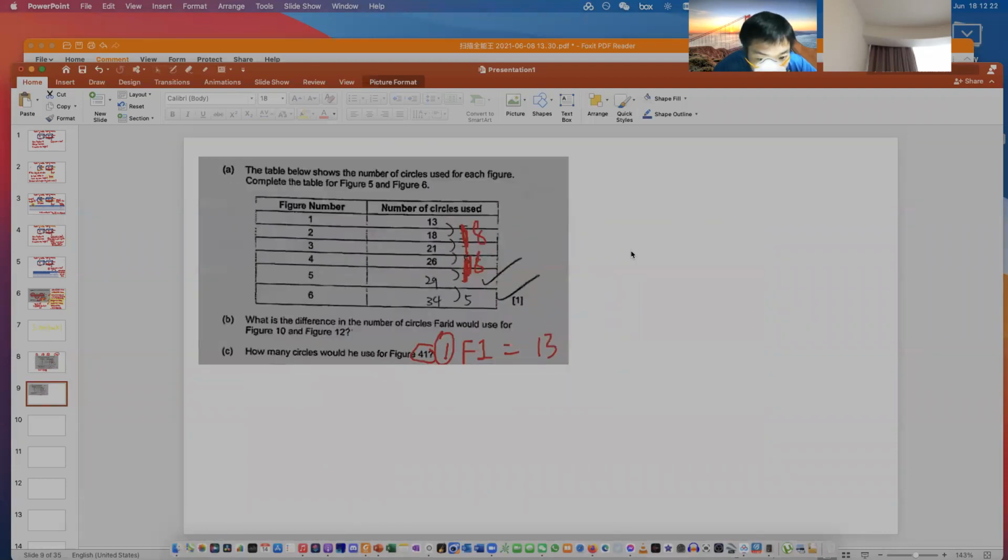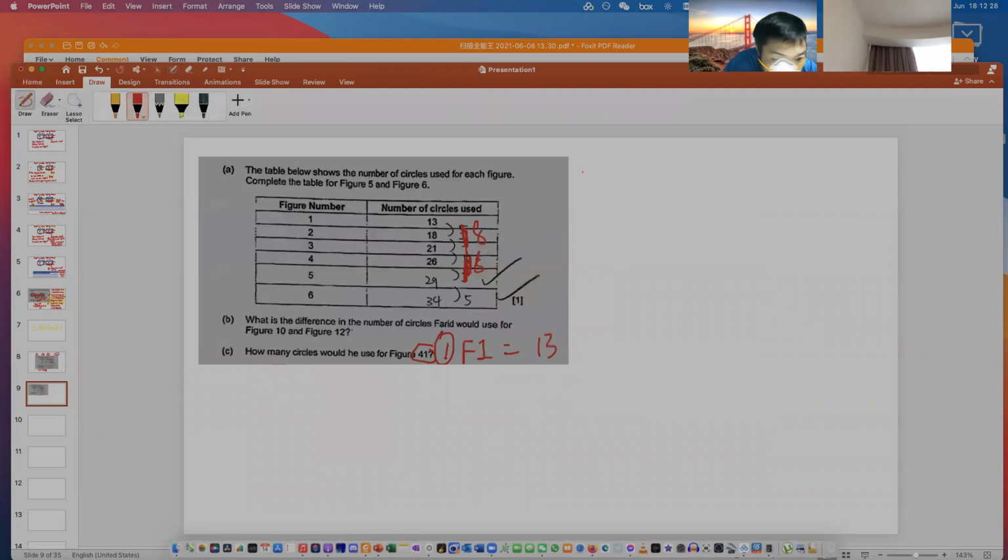Okay, so this question. The question here is figure 1, 2, 3, 4, 5, 6. So the number of circles used is 13, 18, 21, 26, 29, 34.